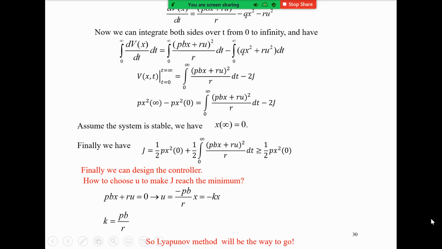The whole idea, this procedure shows that the completing-the-square method will be the way to go to get the solution for the general case. But of course, I only show you the solution for the scalar case. Then I'm going to show you how to do it for the general case. Okay, let's take a break. A 15 minutes break, then we'll talk about the solution for the general case.